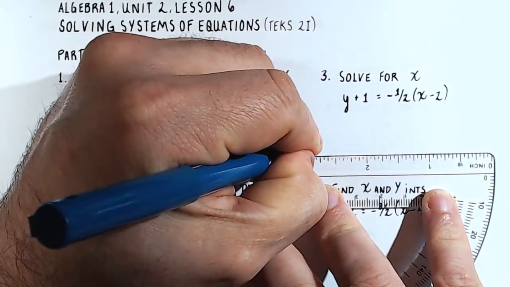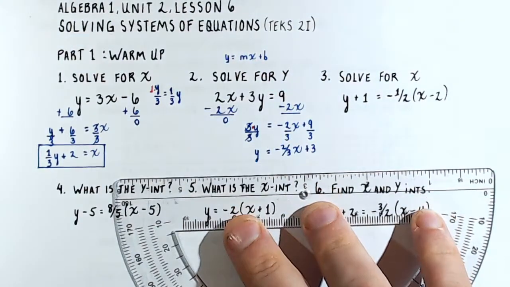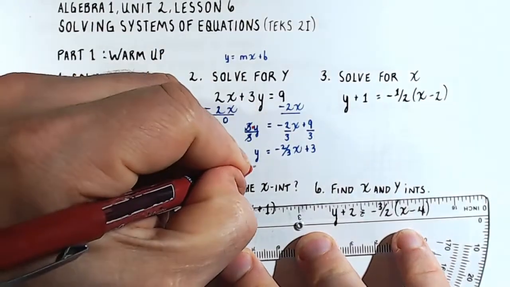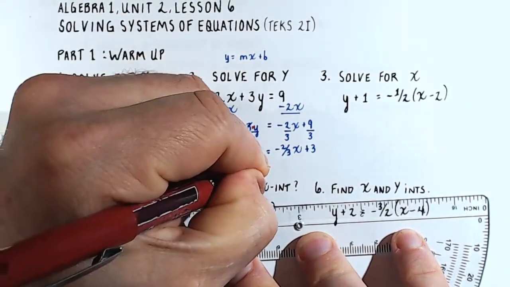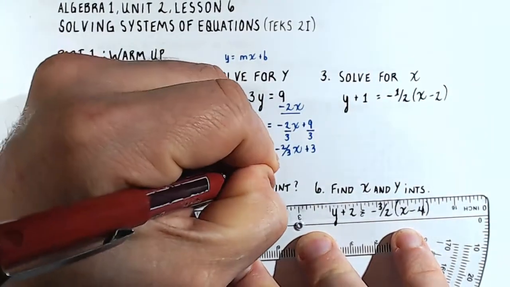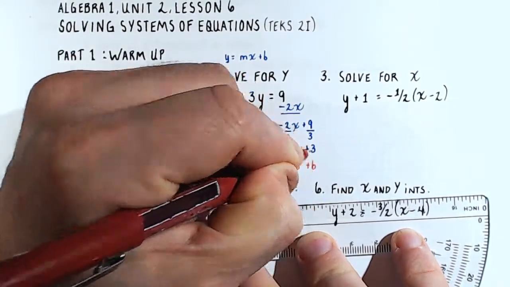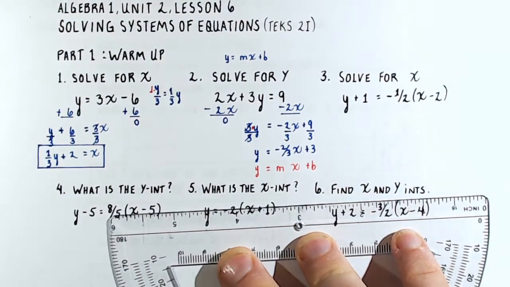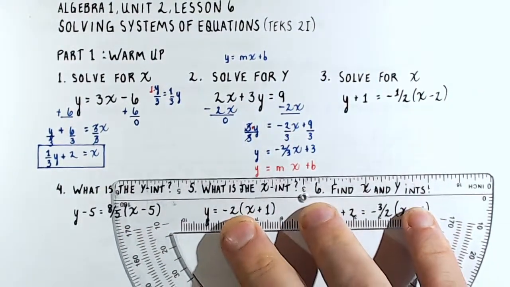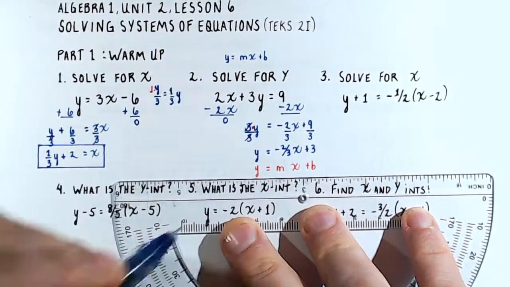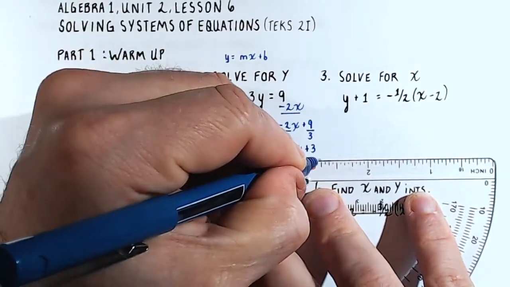Plus 3. So now I've solved for y. This looks like the equation of a line in y equals mx plus b form, where m would be negative 2/3 and b would be 3. So I could graph that line if I wanted to. And let's put that in a box.